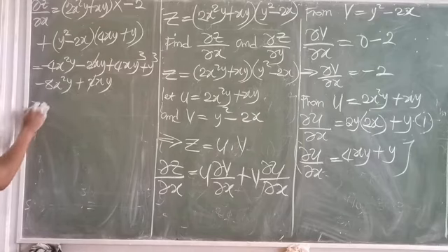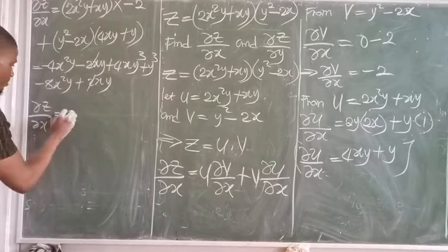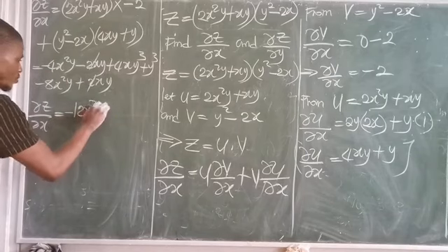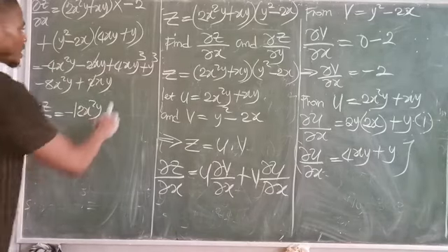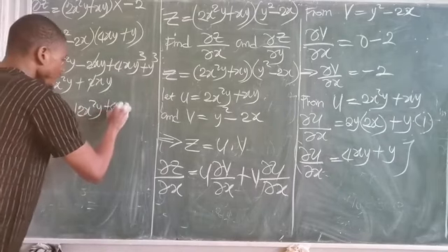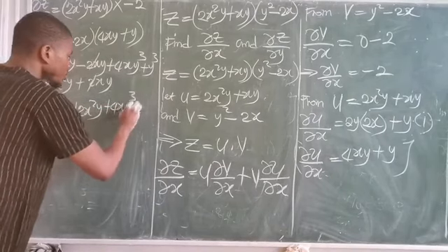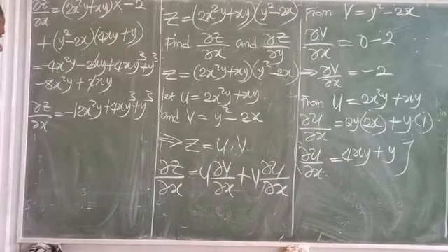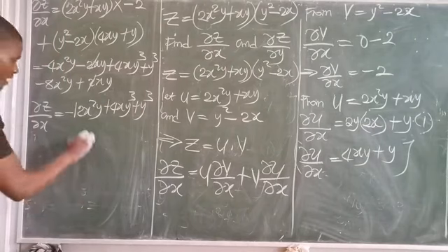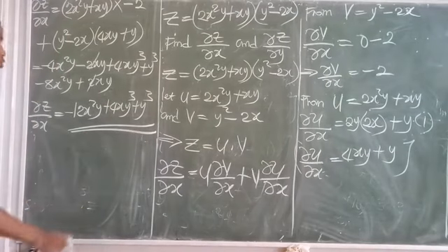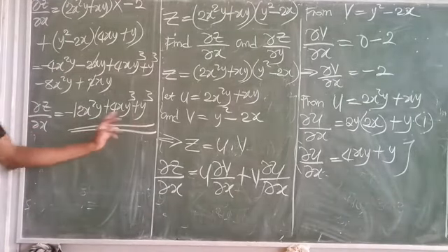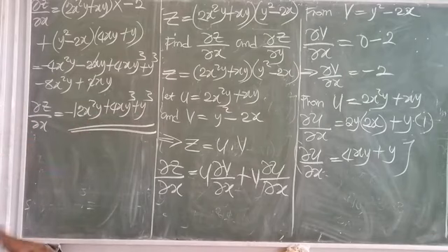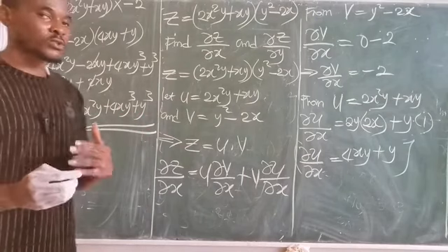That gives me partial z partial x is equal to minus 12x squared y, plus 4xy cubed plus y cubed. All right, you may choose to leave your answer like this, or you may choose to factor out y, since y is common. So this becomes the partial derivative of z with respect to x.